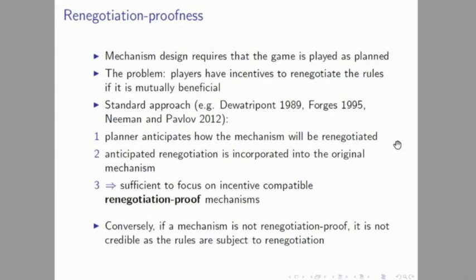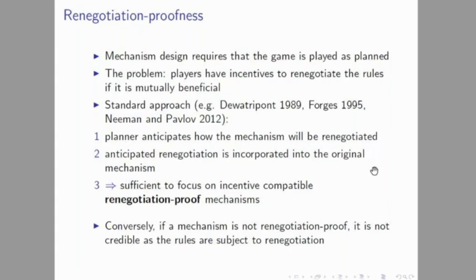that the mechanism is such that the agent would not want to renegotiate it at any later point, so that there would not be a mutually beneficial renegotiation opportunity for the agents at some later stage of the game.